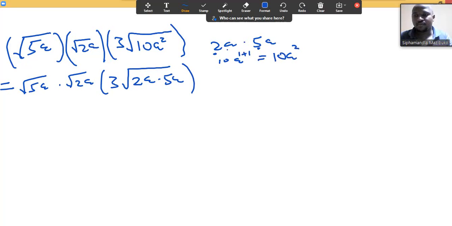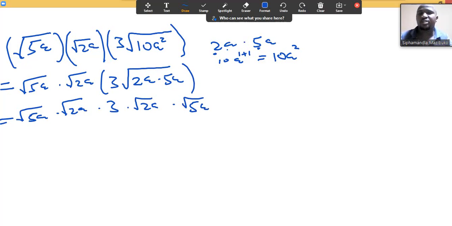But let's move to the next step of our example. This rule applies: the root of 2a times 5a is the same as root 2a times root 5a.